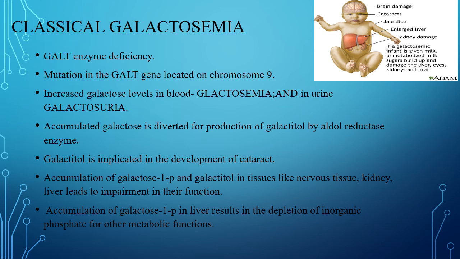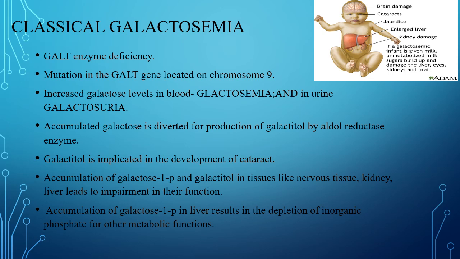How does this progress? Because of the deficiency in metabolism, the galactose is accumulated. This accumulated galactose will go for an alternative metabolic pathway, and that will produce galactitol by another enzyme known as aldose reductase.